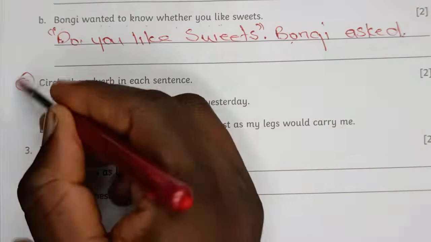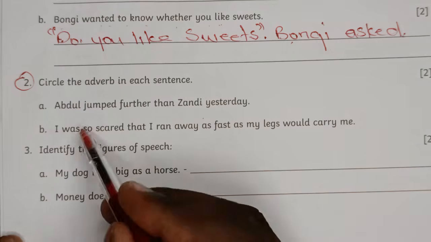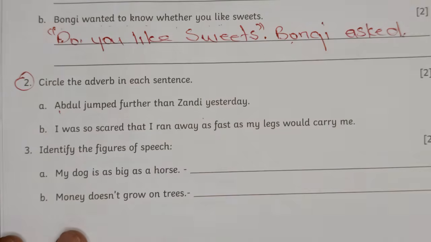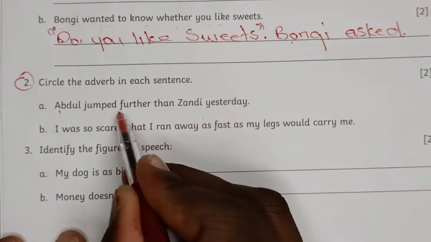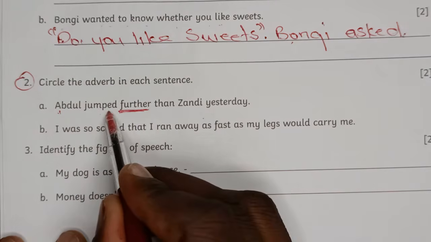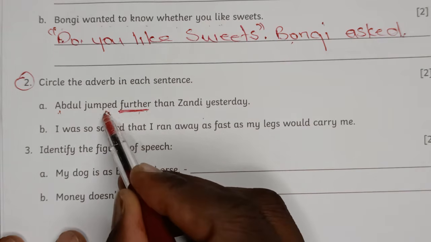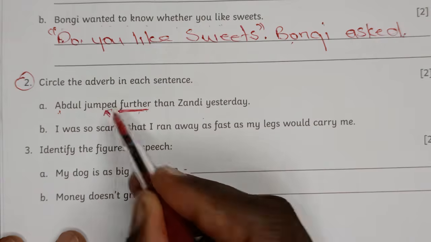So we come to question 2. Question 2 says, circle the adverb in each sentence. The first sentence: Abdul jumped further than Zandi yesterday. What is the adverb here? The adverb here is further. We hear that Abdul jumped, but further, the adverb, tells us how the verb was done.